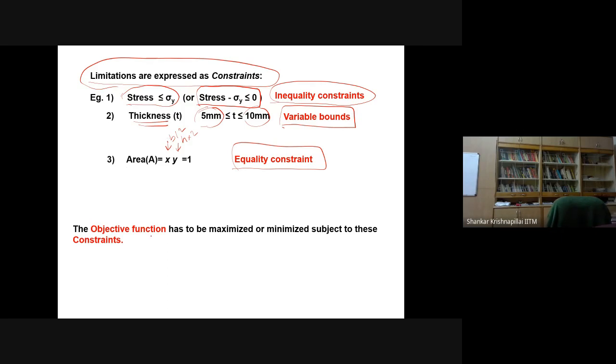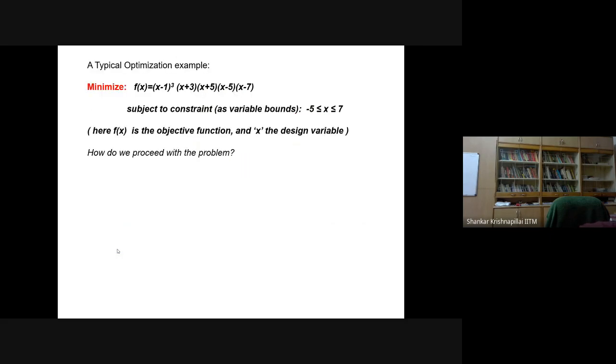So the objective function has to be maximized or minimized subject to these constraints. That is, you should choose the values allowed by these constraints. And a typical optimization example, just for your visualization: minimize this objective function, which is a function of a single variable. It may be density of a body or volume of a body.